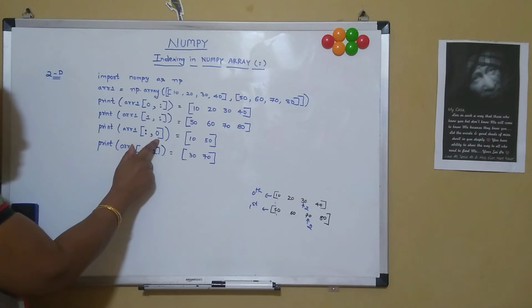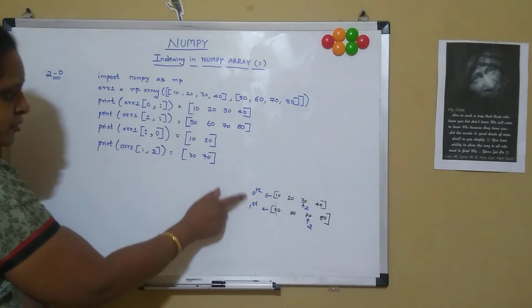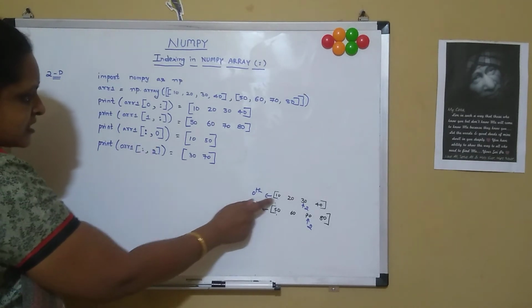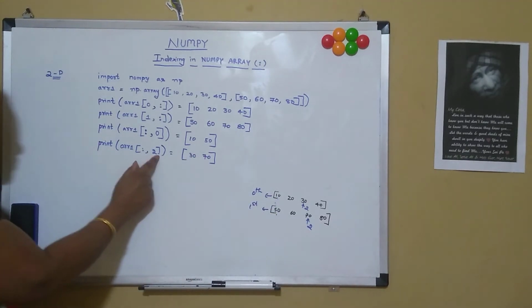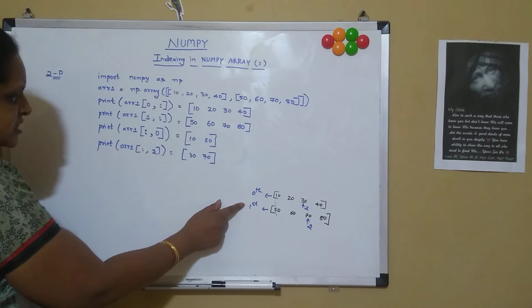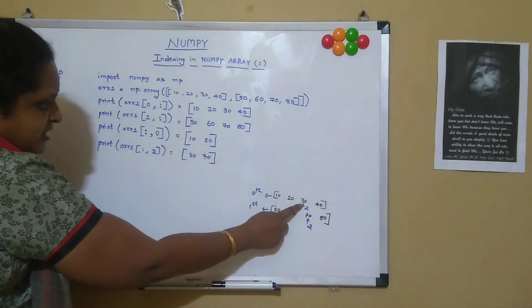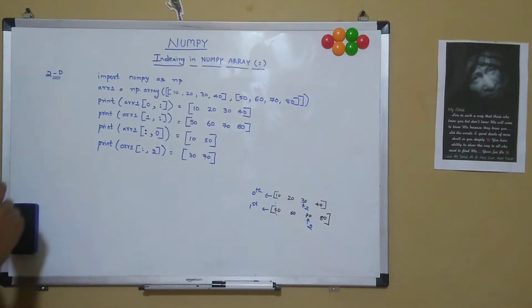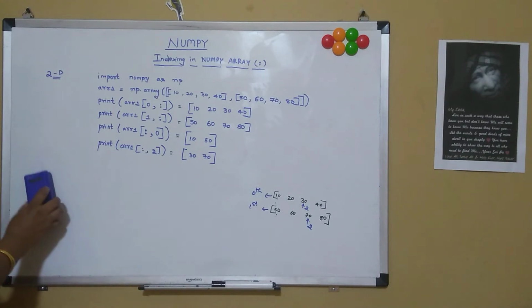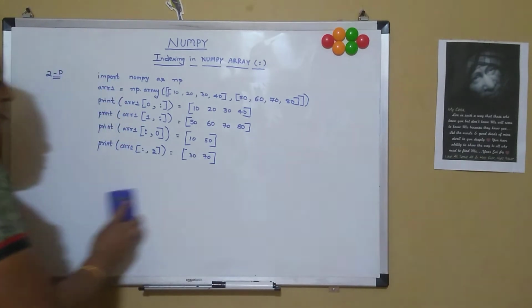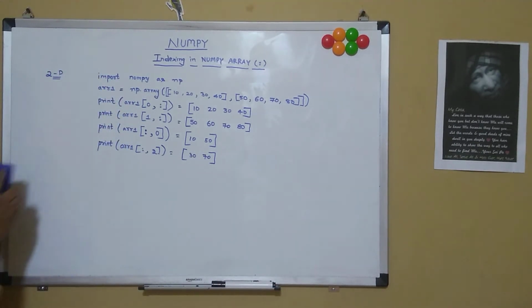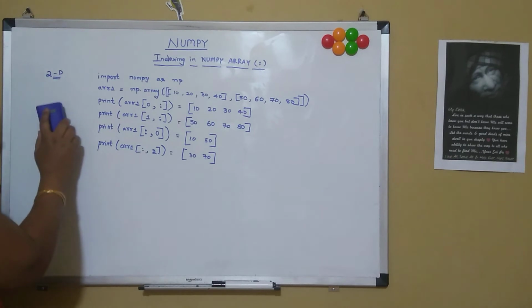Then colon, 0, so it considered both the rows and the 0th element, that is 10 and 50. Colon, 2, it considered both the rows. In that, the second element, that is 30 and 70, were printed on the console. So this is how we can fetch a row or a column of elements from a 2D array.